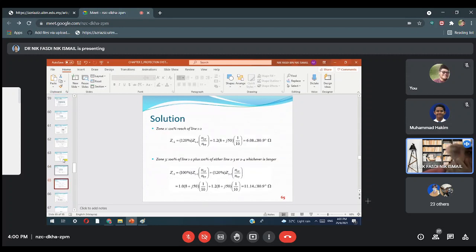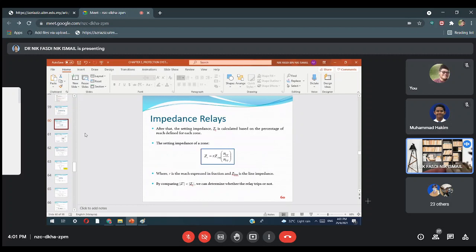Using this formula, do you remember the formula we used earlier? ZR equals R times Z line times the ratio of current transformer over voltage transformer. R is the reach percentage, and Z line is the line impedance given in the question.